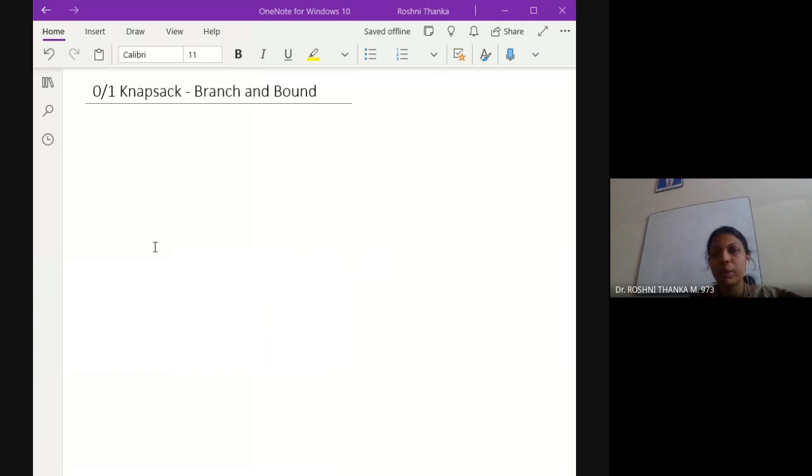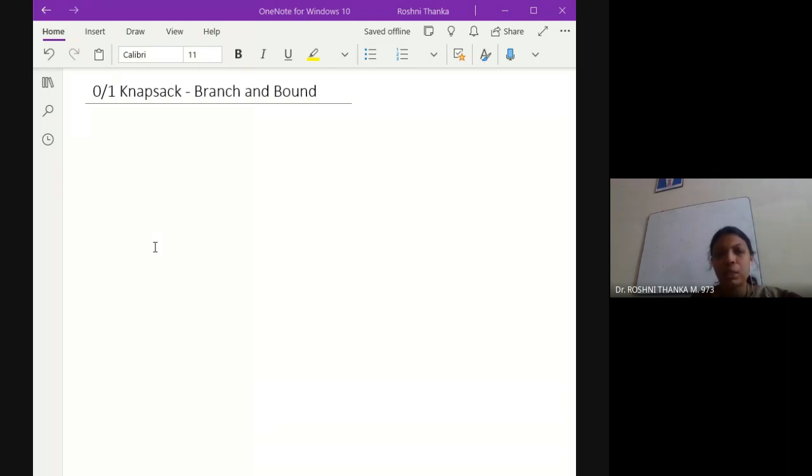So whenever we want to get the minimum result, in those cases you will be using branch and bound. But you know, in 0/1 knapsack what we want is the maximum profit, right? That is the expected result. We have to fill the knapsack, and at the same time we also want to gain the maximum profit.